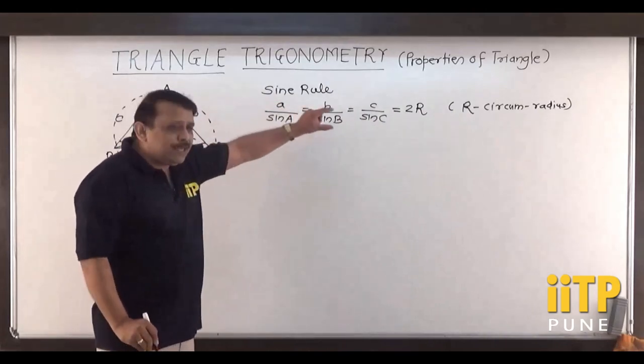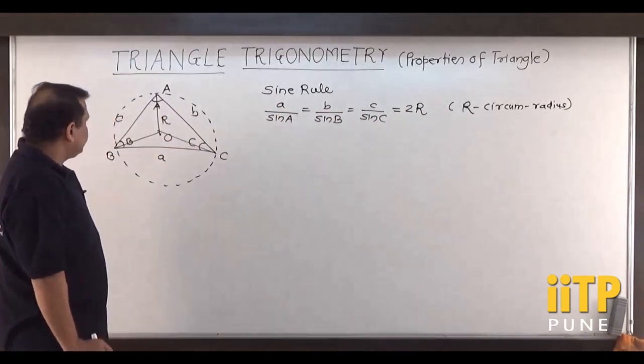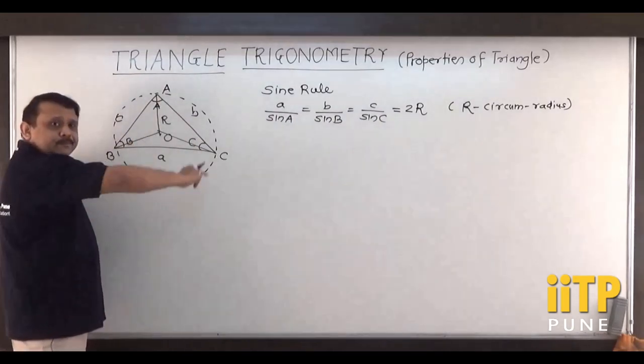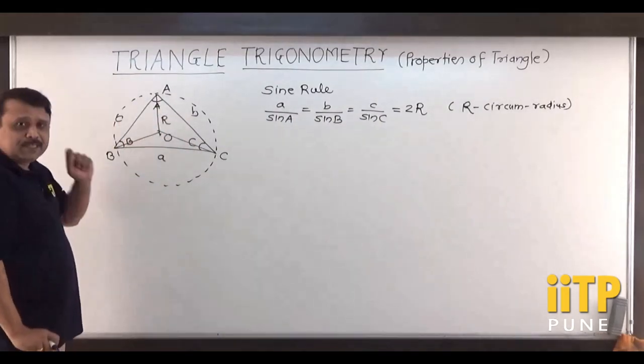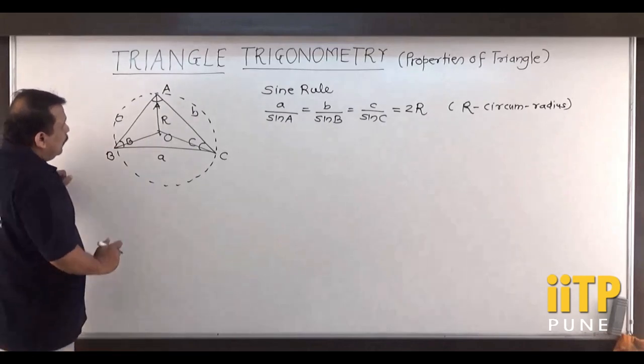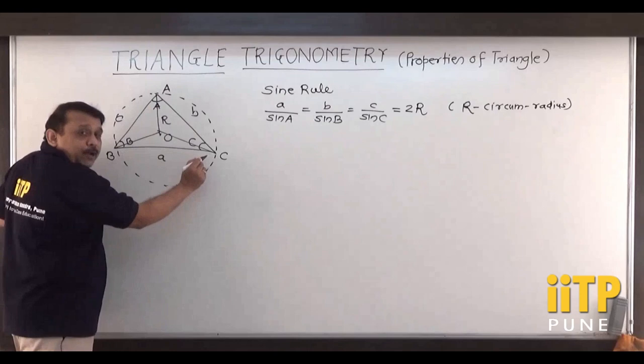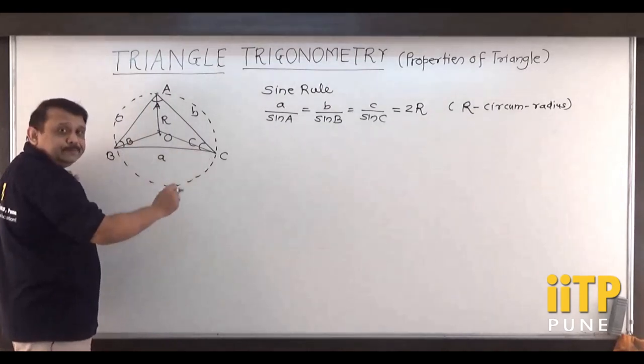Now how to establish this result? Let's see. Because this is a circle, this is the center of the circle, this angle is A and this is the chord of the circle.